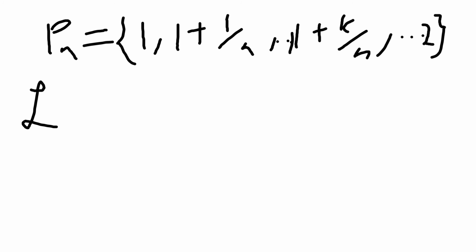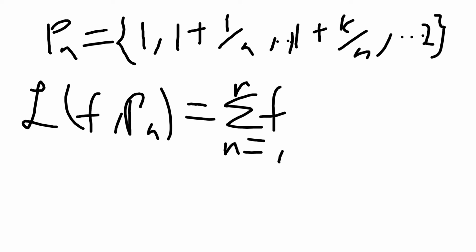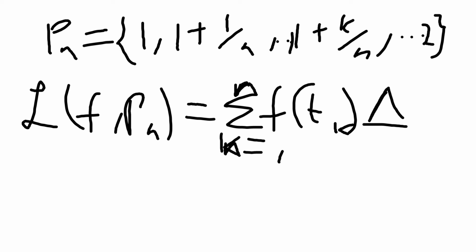So now what then is the Riemann sum? The Riemann sum is equal to the sum from k equals 1 to n of f of tk times the mesh of the partition, where the mesh of the partition is just 1 over n.